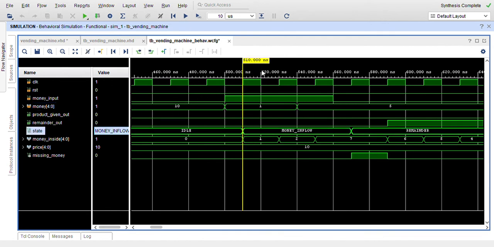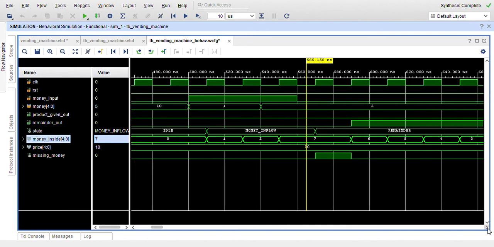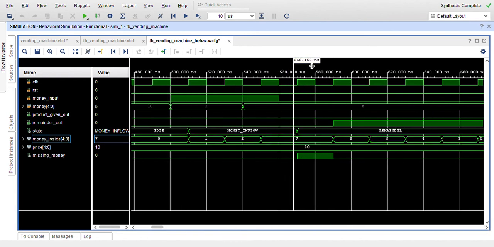Here money input is 1. At the next rising edge, our state is money inflow. 1 Turkish lira, 2 Turkish liras, 7 Turkish liras. 1 plus 1 plus 5 is equal to 7, and our money is not enough to buy the product.